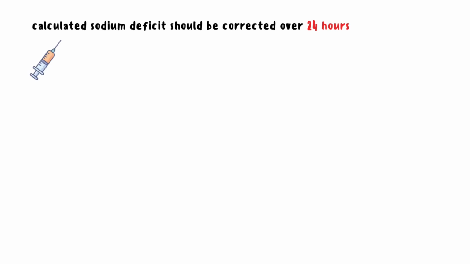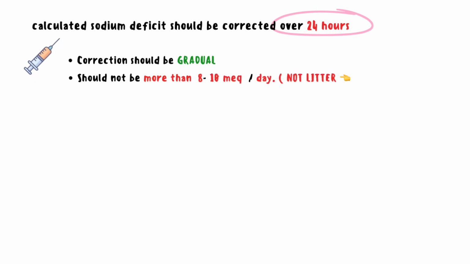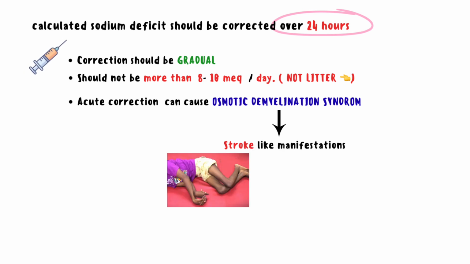The calculated sodium deficit should be corrected over 24 hours, and the correction should be gradual. Correction of hyponatremia should not be more than 8 to 10 milliequivalents per liter over 24 hours, because acute correction can cause osmotic demyelination syndrome, which is a stroke-like manifestation, quadriplegia with positive Babinski sign.